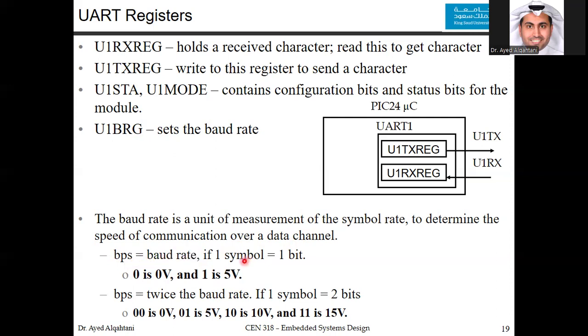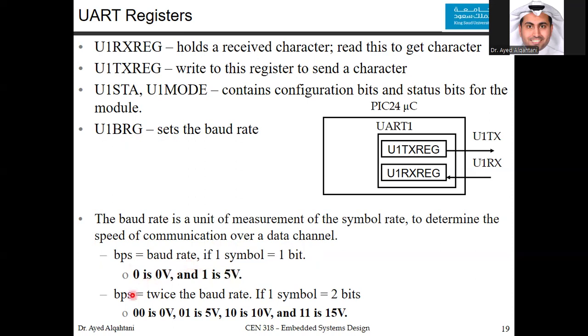This means that a single sample is 1 bit. You send one sample, which is equal to 1 bit. With this way of sampling, you would make a 0 indicate 0 volt and 1 indicate 5 volt. And that's it. You have two ways to distinguish between two different values.